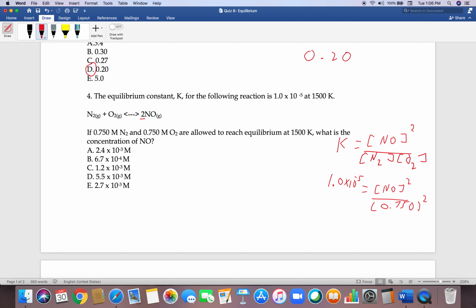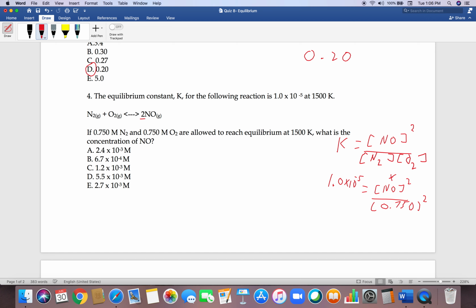Now the reason why I wrote 0.750 squared is the concentration of nitrogen and oxygen gas are the same, so the quantity is the same. So I could write 0.75 times 0.75, and you're just multiplying them, or to save a step, you could just write squared. So now we're solving for the concentration of nitrogen monoxide. Now, if it helps you to solve this like an equation, you could put this value as x. Some people like to do that.